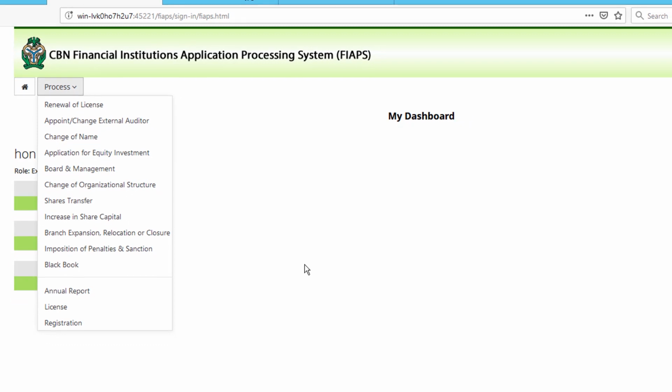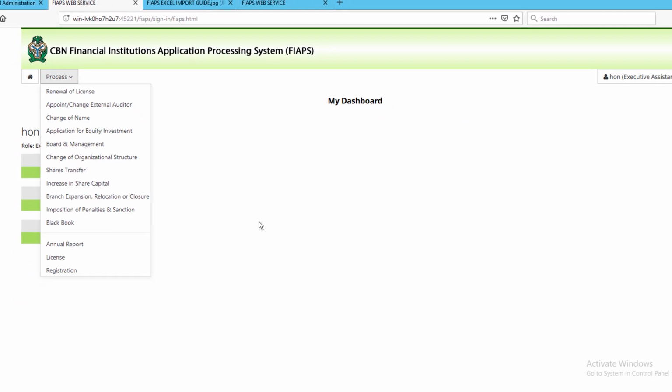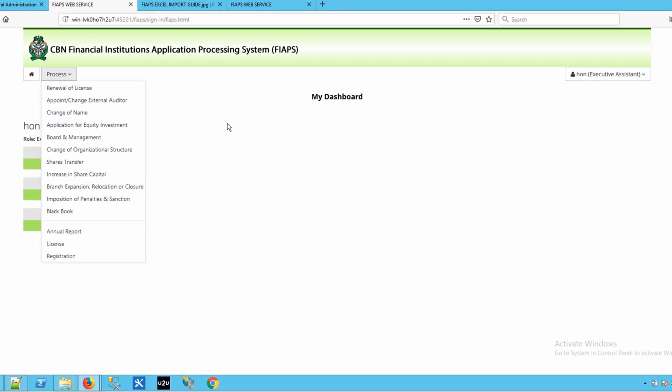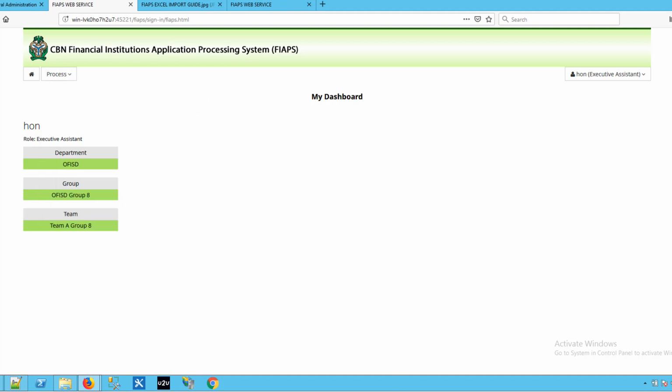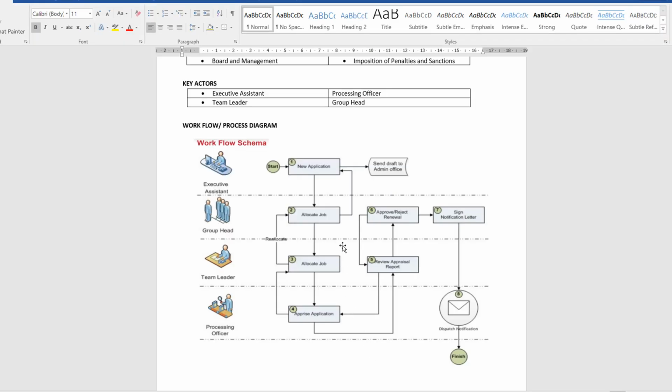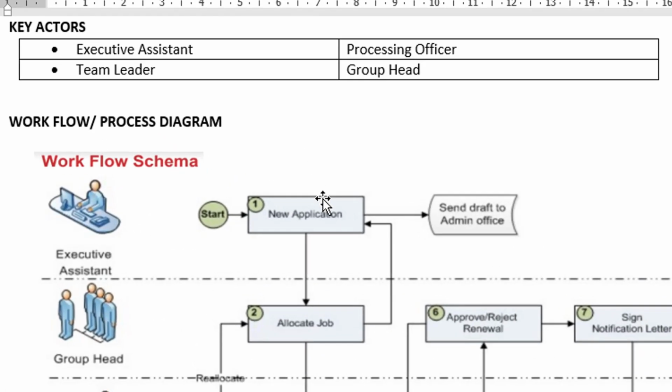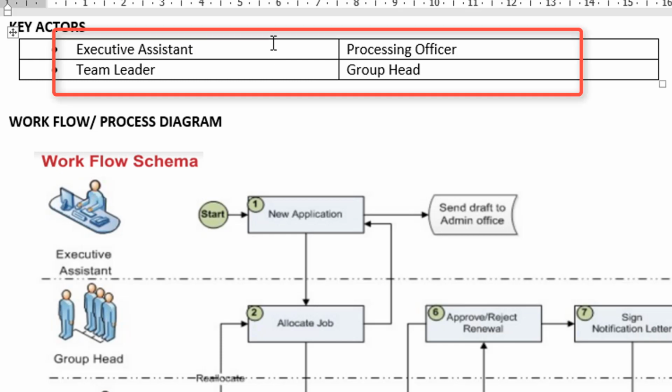So to start off, before we practically see how the FIAPS works, let's run you through a summarized view of what is expected to happen. So for you to be able to use FIAPS effectively, the following key actors have to play a role.